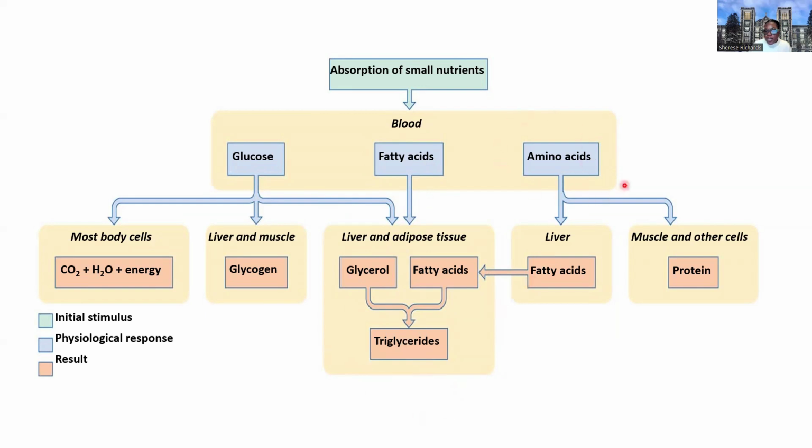And then any protein that you've eaten will be broken down to amino acids that can be stored again in the liver as fatty acids and then converted to produce triglycerides, or it can be stored directly in your body's muscle as protein, right? Stored into muscle. So this is how your body, again, uses what it needs immediately and then stores the rest away during the fed or absorptive state.